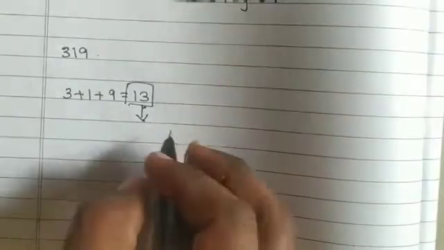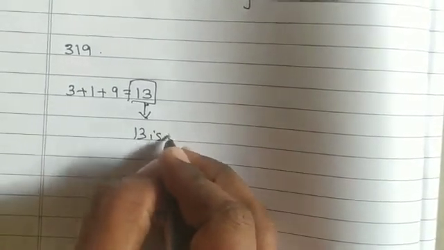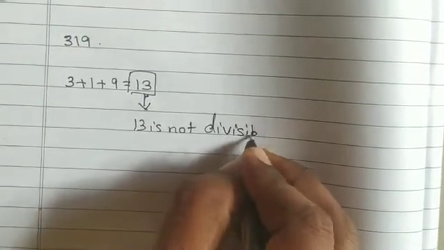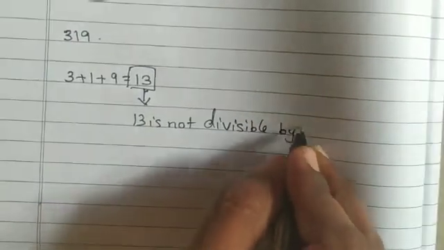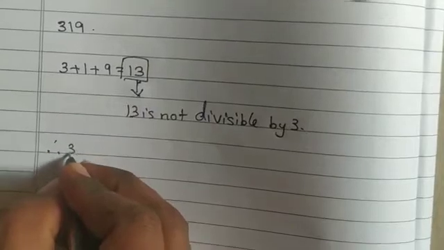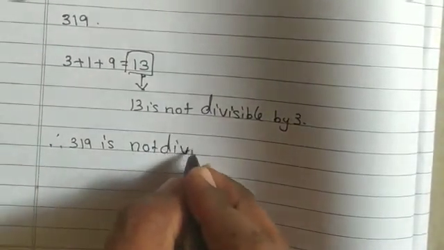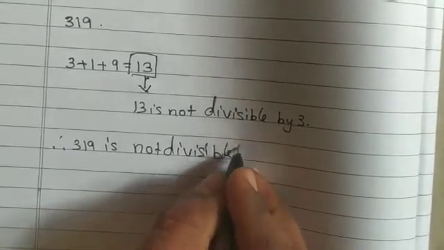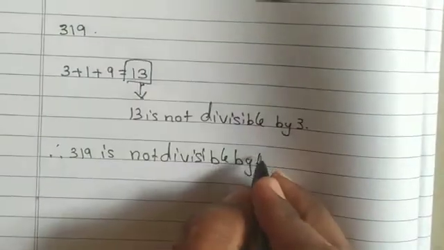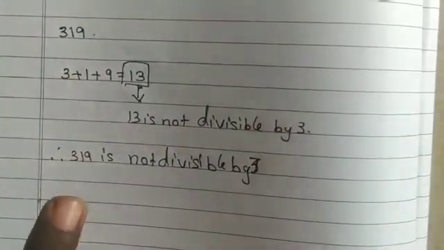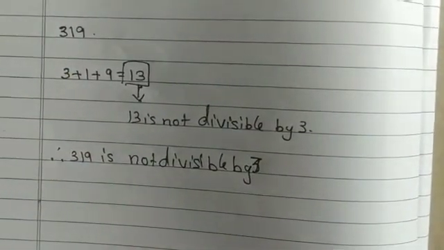So we will write here directly 13 is not divisible by 3. Therefore 319 is not divisible by 3.